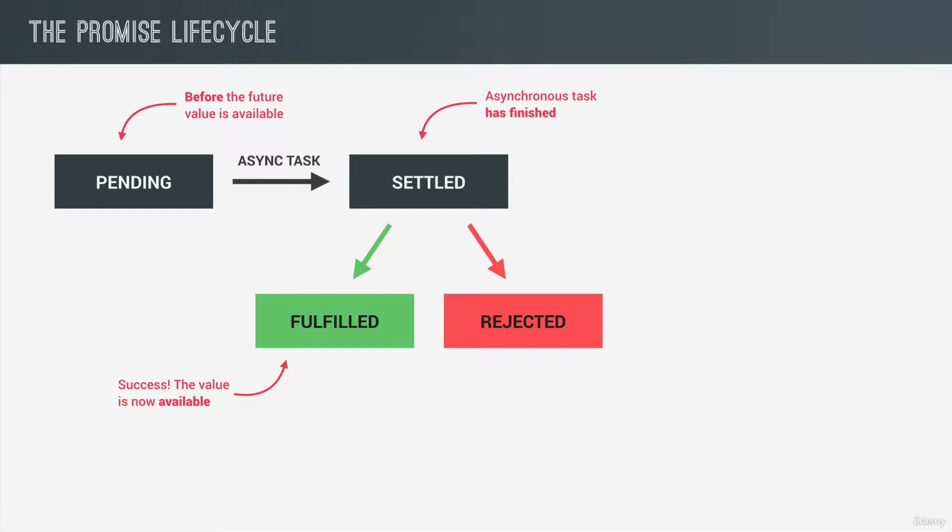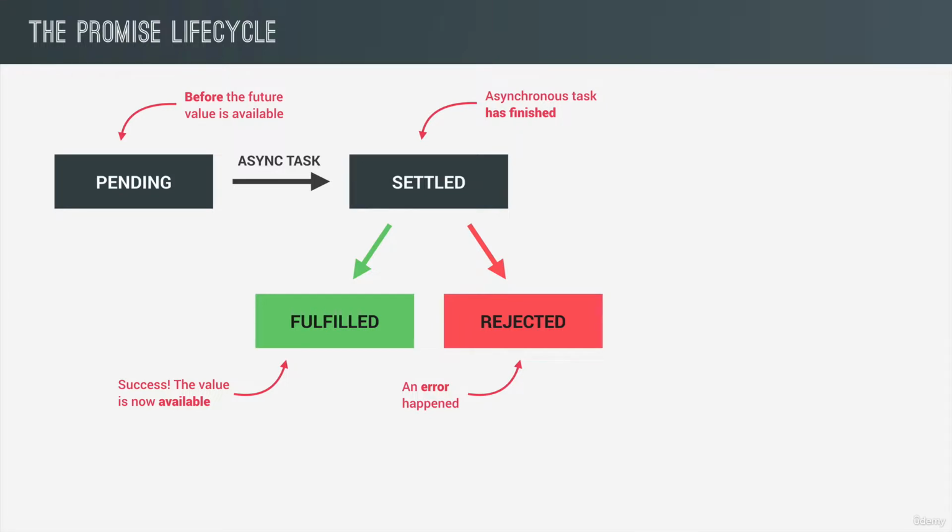For example, when we use a promise to fetch data from an API, a fulfilled promise successfully got that data, and it's now available to being used. On the other hand, a rejected promise means that there has been an error during the asynchronous task. In the example of fetching data from an API, an error would be, for example, when the user is offline and can't connect to the API server.